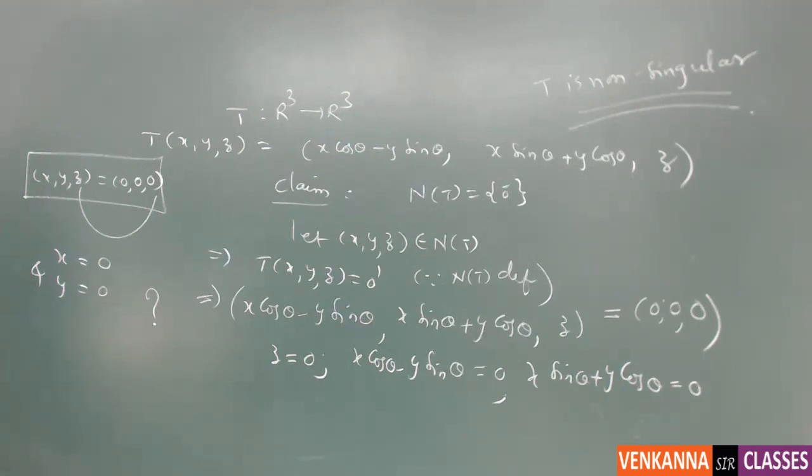Any suggestions from anybody on how to get x equal to 0 and y equal to 0 using the last two equations? Please tell any idea, any guesses.